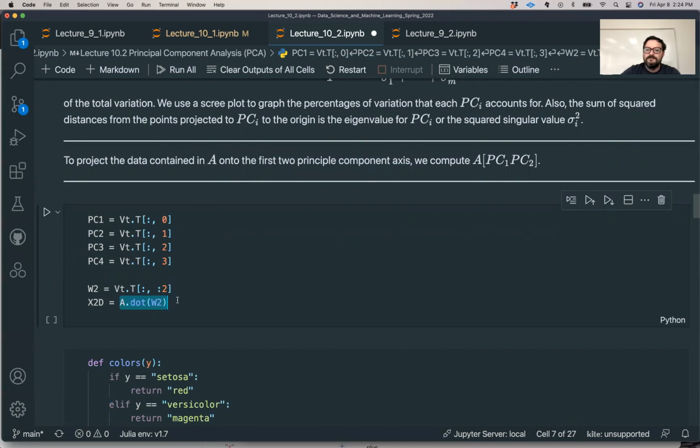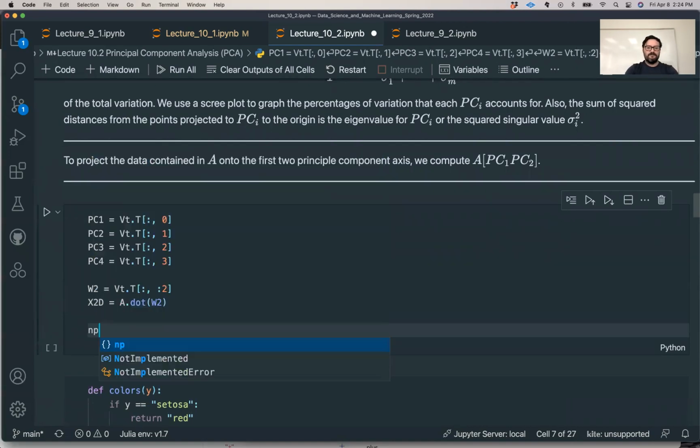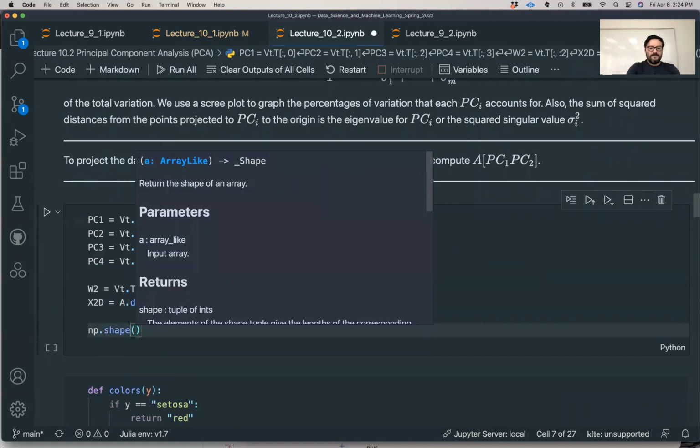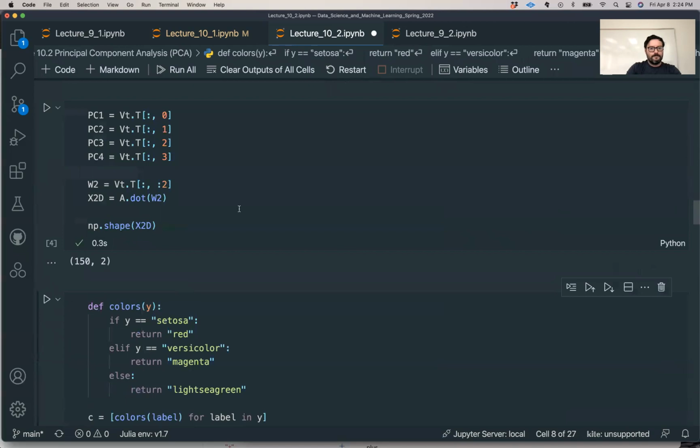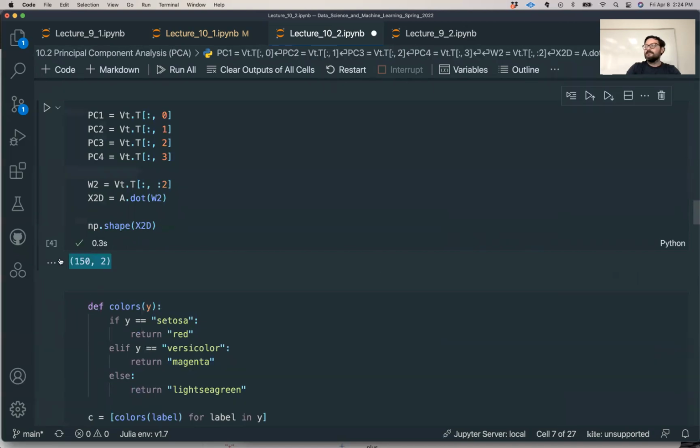It should be what? Well, let's just check. X2D. It's that, right? There's 2 columns and 4 rows, and A is 150 by 4. The dimensions match up, you should get 150 by 2.